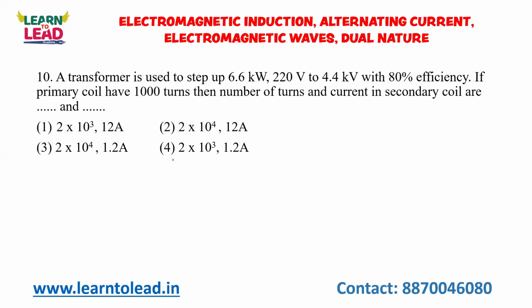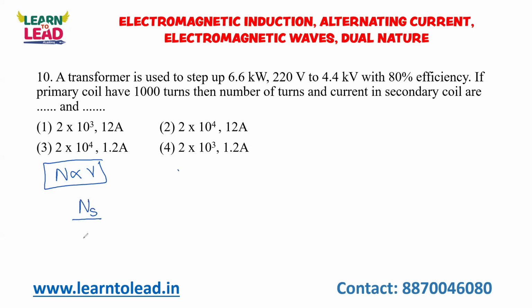Now, let us see the next question. A transformer is used to step up. Okay, efficiency is given. If the primary coil has 1000 turns, what are the number of turns and the current in the secondary coil? They are asking for the number of turns. See, number of turns and voltage are directly proportional, we know that.